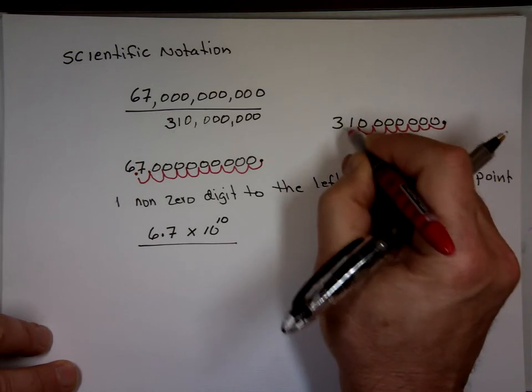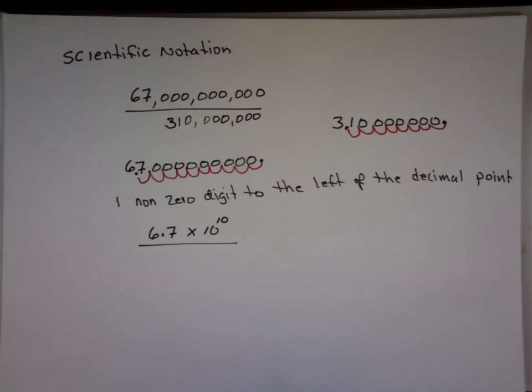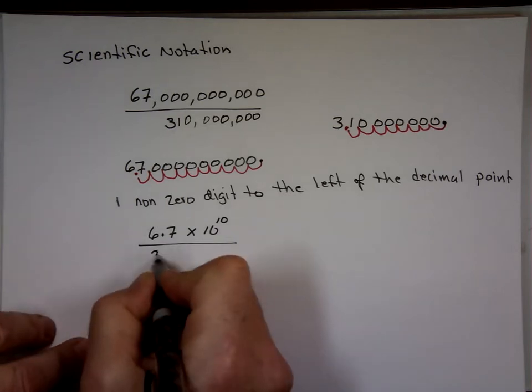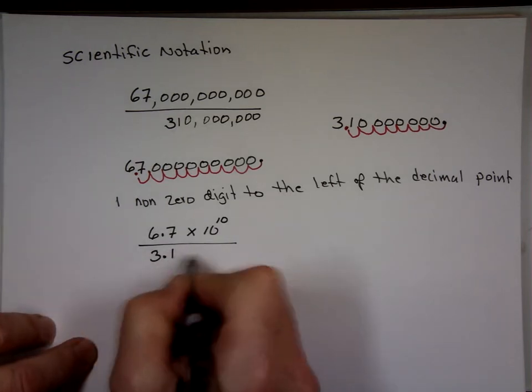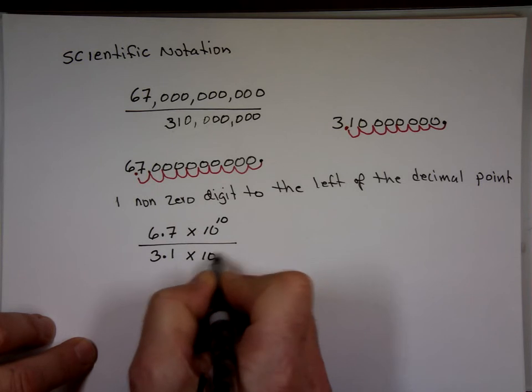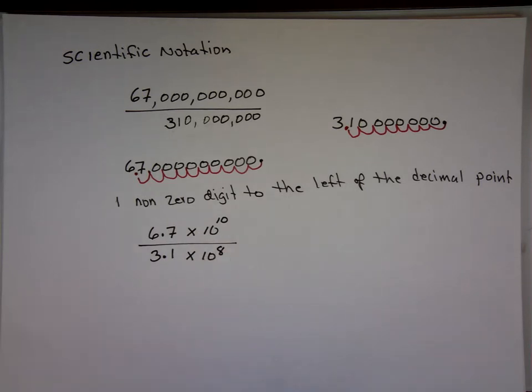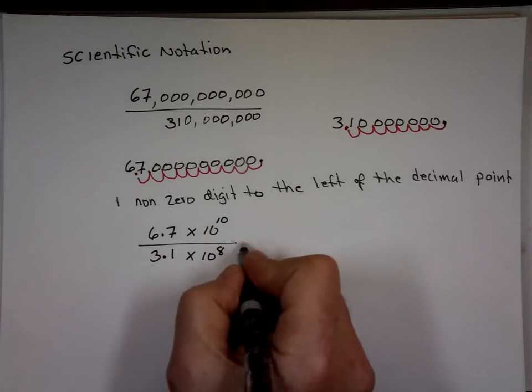It's going to go right here. It has to be one digit that's not a 0 to the left of the decimal point. That's 3.1 times 10 to the power of 8. And now you need to know how to use your calculator there.